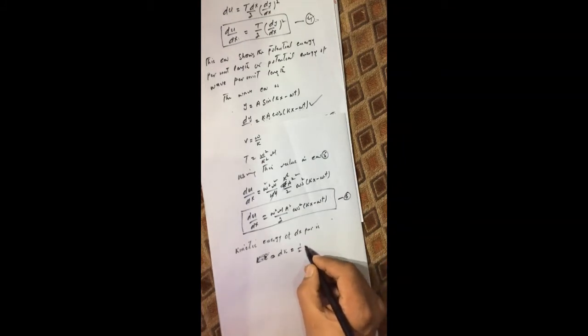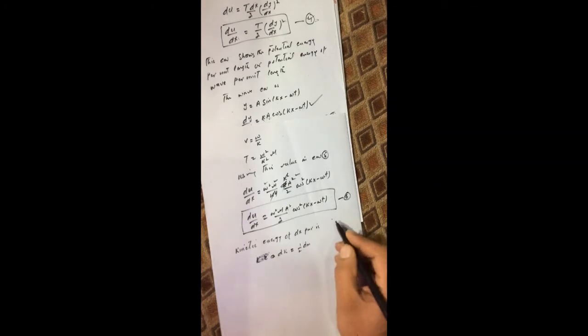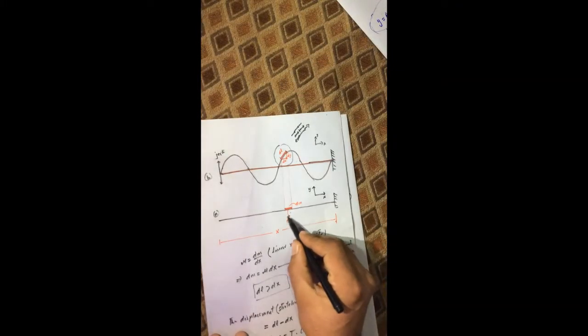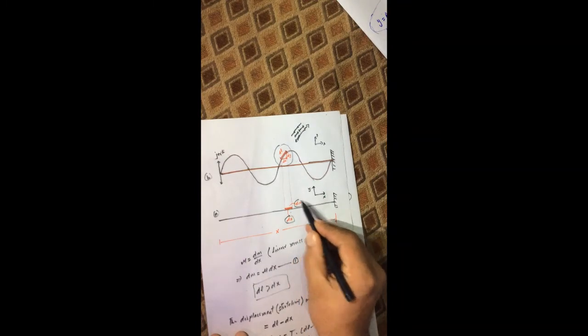Now we have mass, which is dm. The length element dx has a mass we consider to be dm.